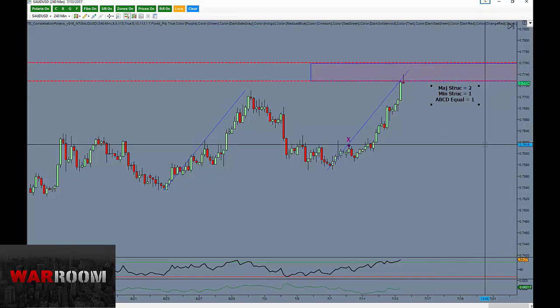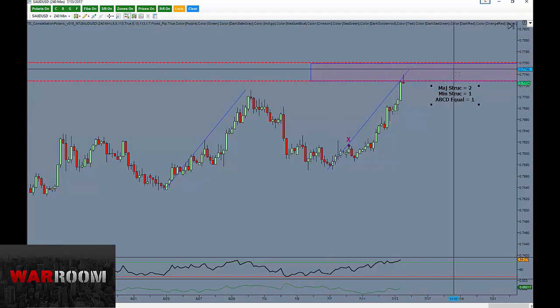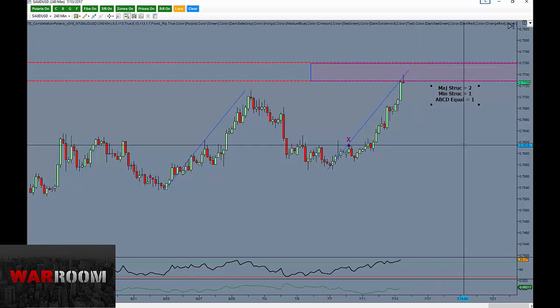It's not based on feelings, emotions, or I like the look of that candle, I like the look of that level. It removes all that away and gives you a board game rule set of instructions, just like a pattern trade, just like the FTB. If this happens, then that. Then I look for this, then I look for that, then I look for that, then I enter. Okay, so it removes all the subjective ambiguity out of the structure-based trade that you're trying to identify.